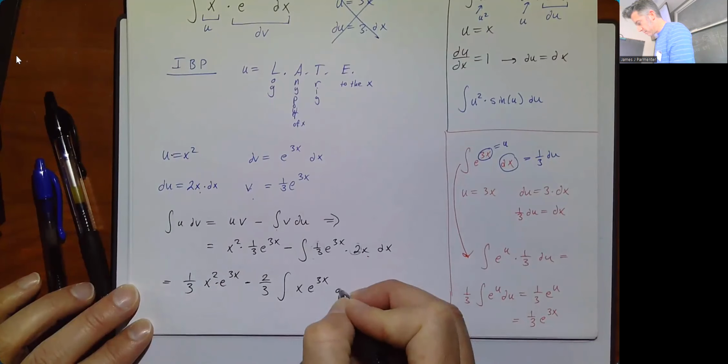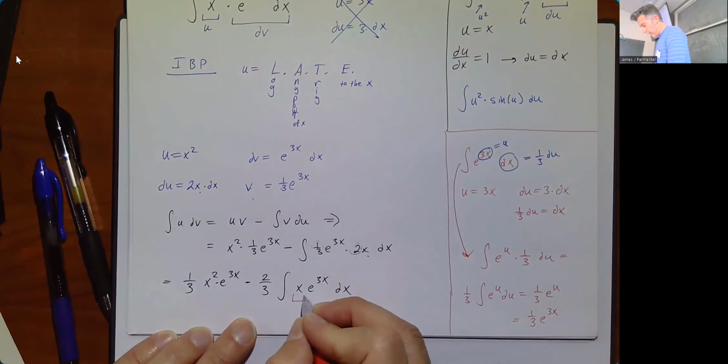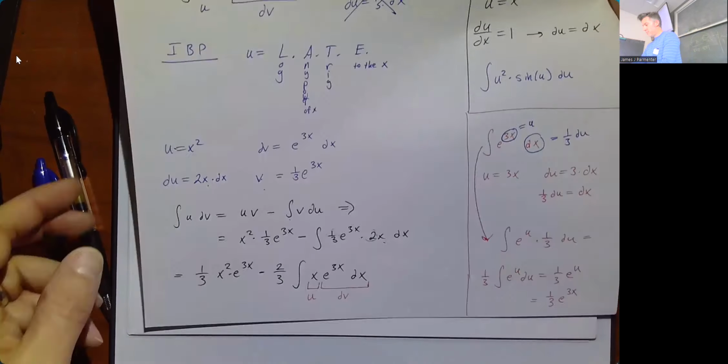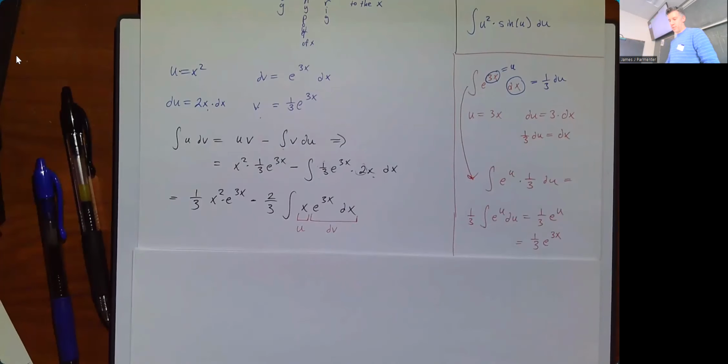And so now I'm going to do an integration by parts again. I'm going to let u equal any power of x, and my dv is going to be the rest. Of course, I've run out of room on this piece of paper. I'll write it again.